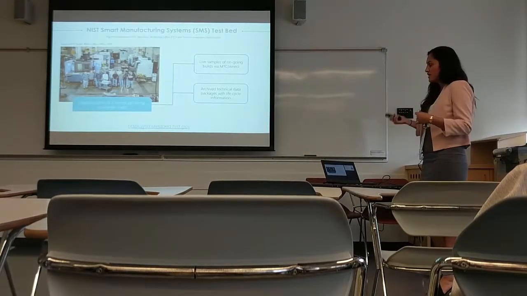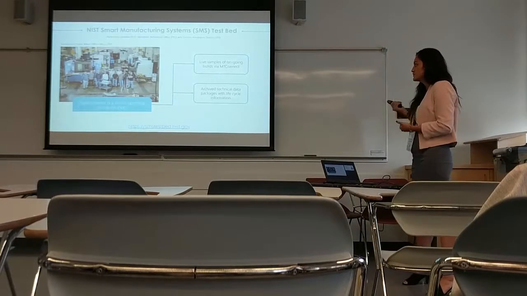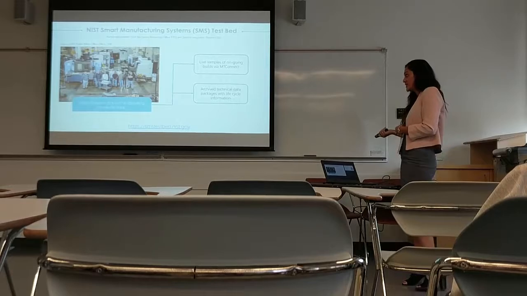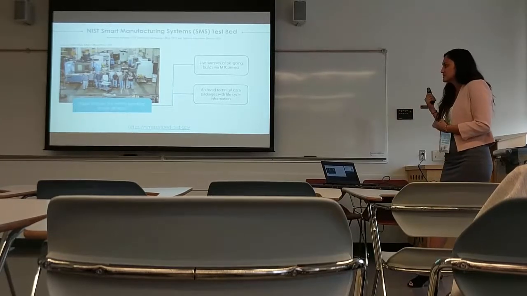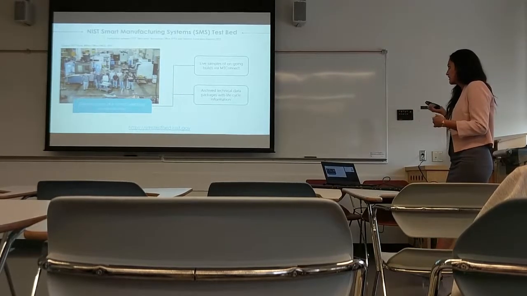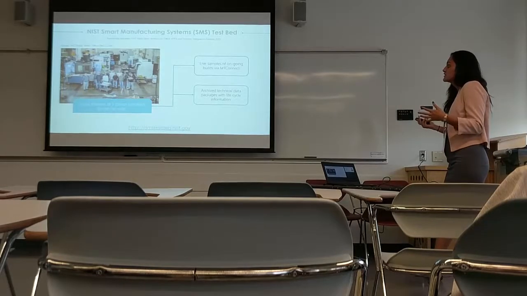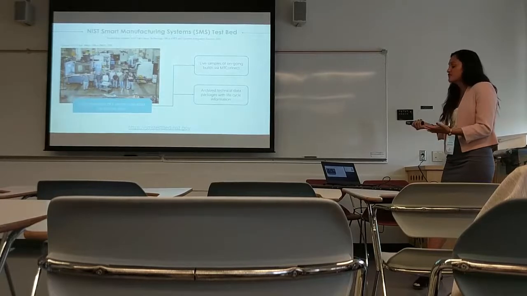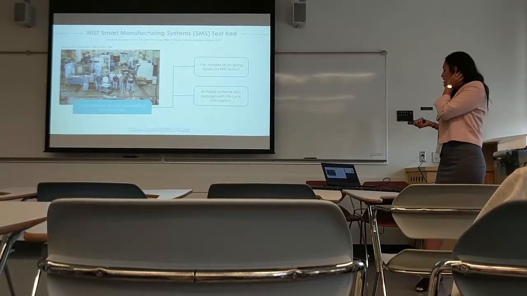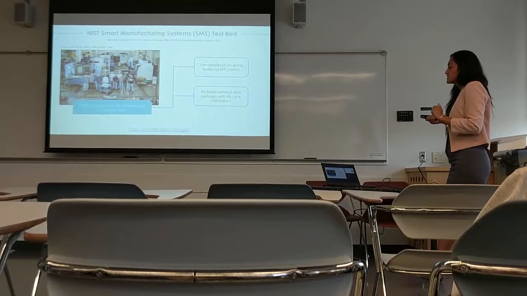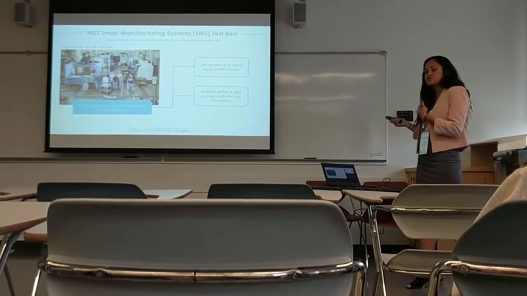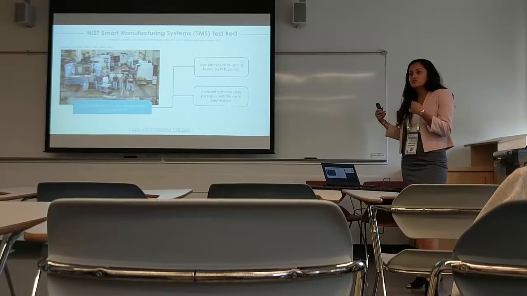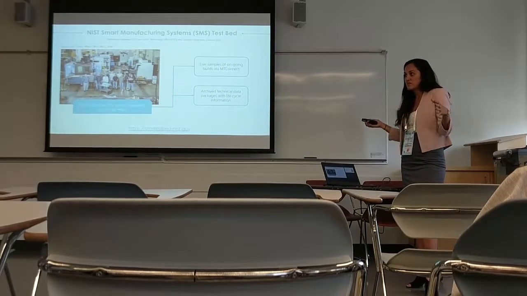So we have used data sets that have been developed at NIST, the SMS testbed. This data set is what we can say more like an industrial setting, or what we can find in a real industry, because the NIST SMS testbed works as we just send the design, and then there are machines that do the job, so we don't control all the experiments.